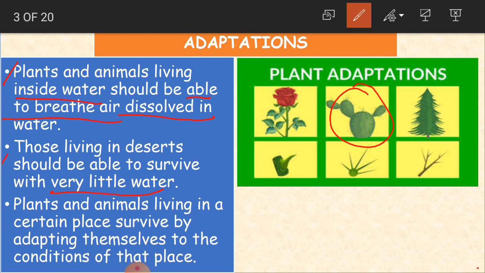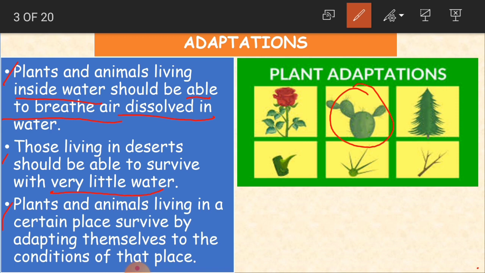Clear, children? And the third one is that plants and animals living in a certain place survive by adapting themselves to the conditions of that place. Plants live in different places, like red soil, black soil, near water areas, near mountains, in hill areas, in snow areas, so many places.